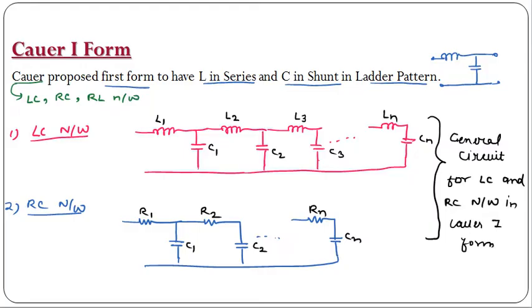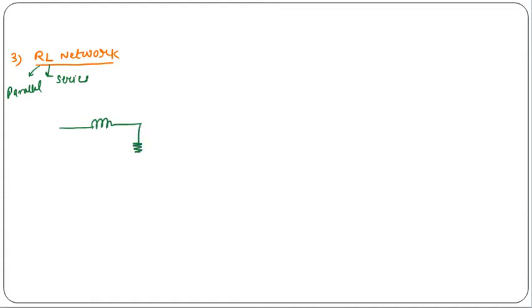Similarly, we can draw the general circuit for the RL network. First of all, the inductor will come in series, and then the resistor will come in parallel or shunt. So here first we have an inductor, then in the shunt we have a resistor. Similarly, then we have an inductor and a resistor.